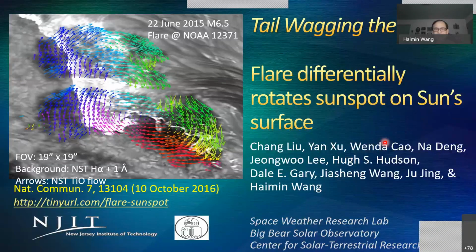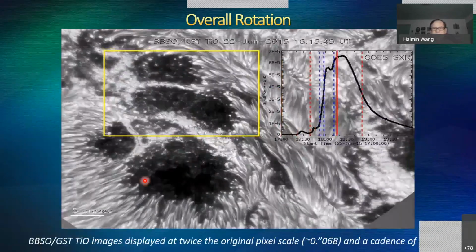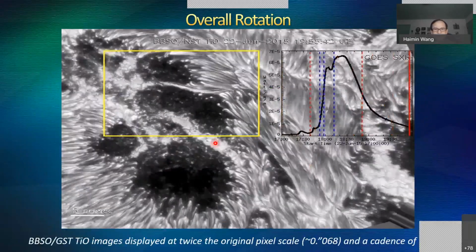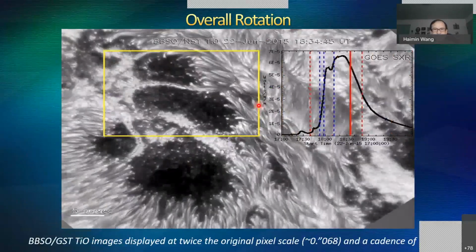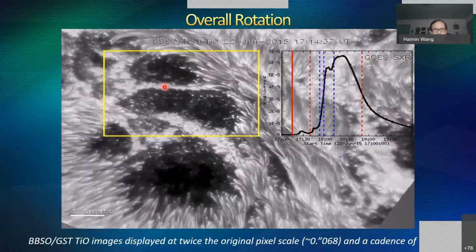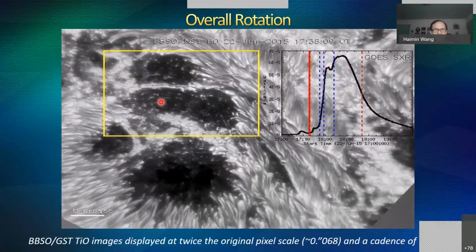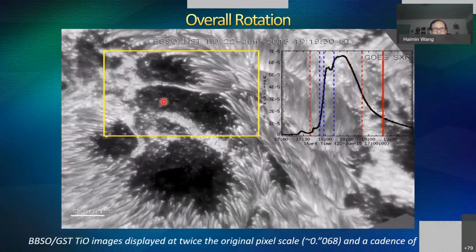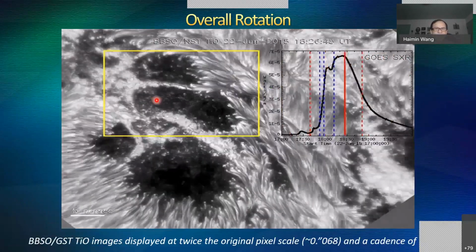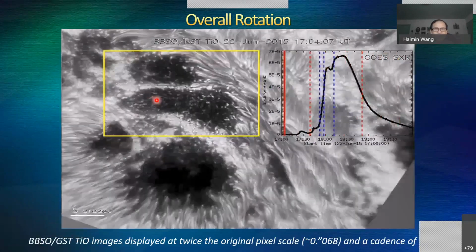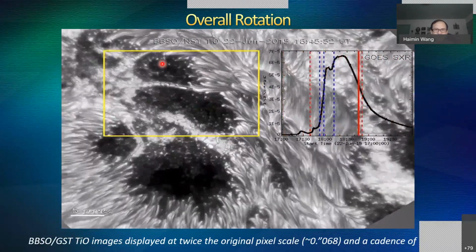So what we show here is a movie. If you follow this yellow box, you can see sudden motion of sunspots. So this motion did not cause the flare, but on the other hand, the flare caused the sudden motion.